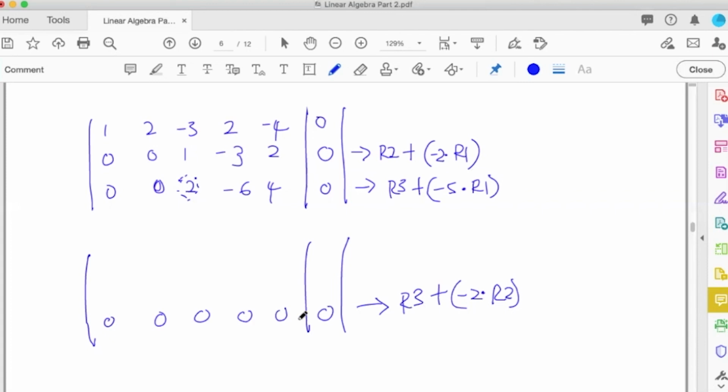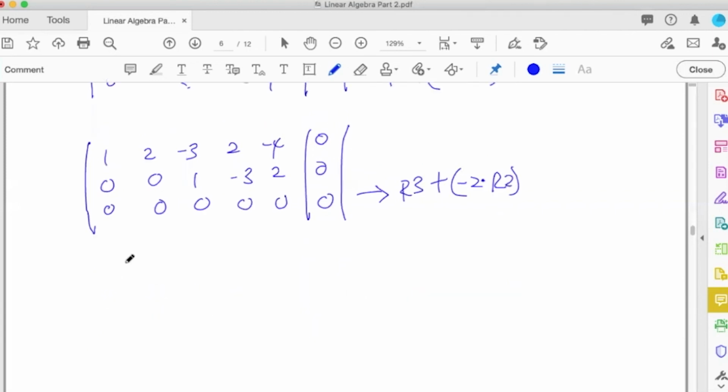these 0 equations. For row 1 and row 2, we didn't do any operations, so we just write them back. Once we reach this point, I think this is already in REF form.